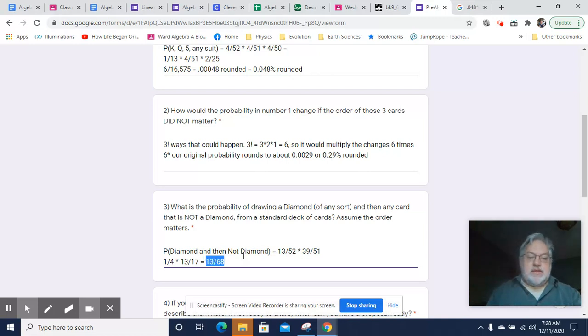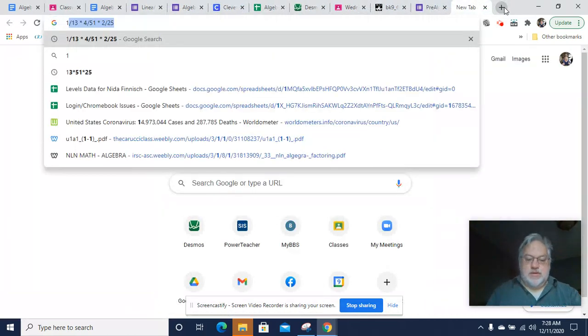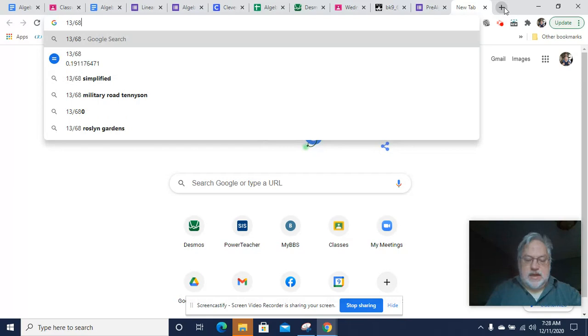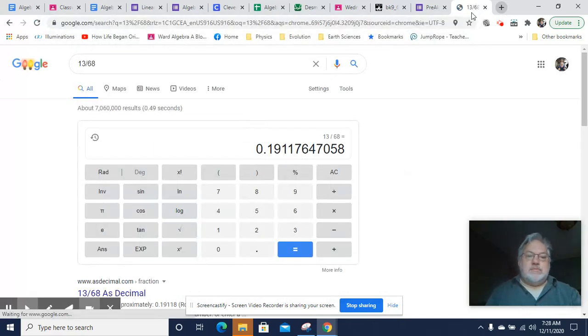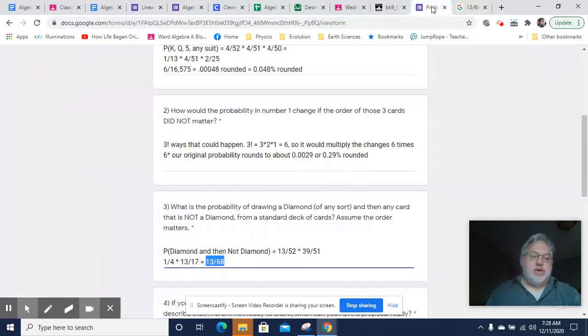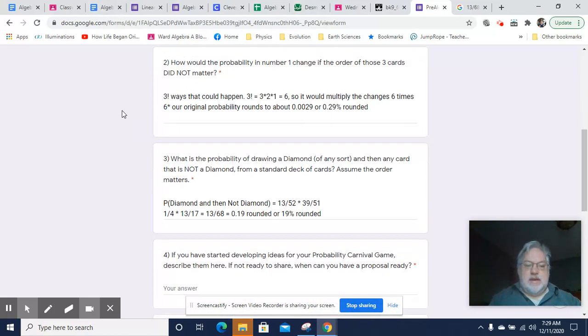But if you would like to see it as a decimal or percent, we can do that. Okay, so we've got 13 out of 68, which is about 0.19, or 19% rounded. So that's not a bad chance of getting a diamond and then not a diamond.